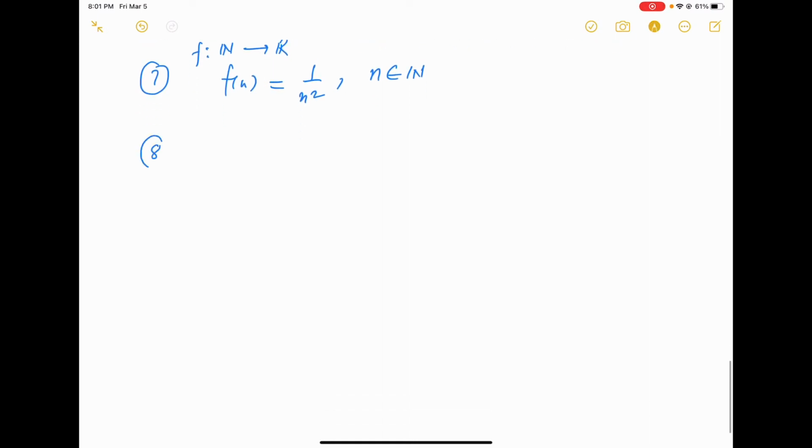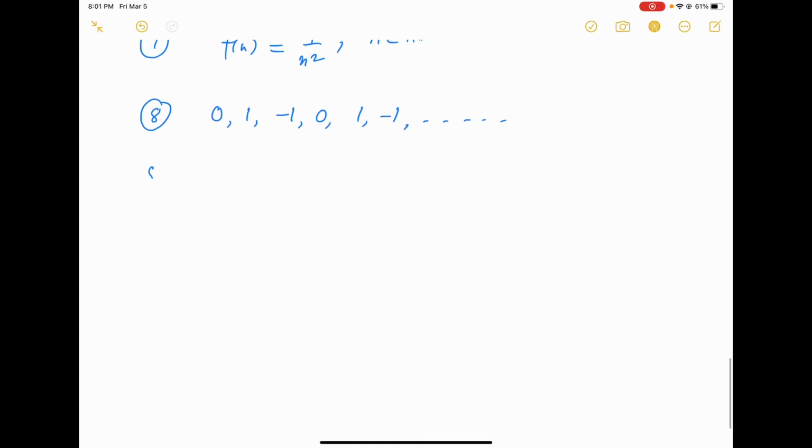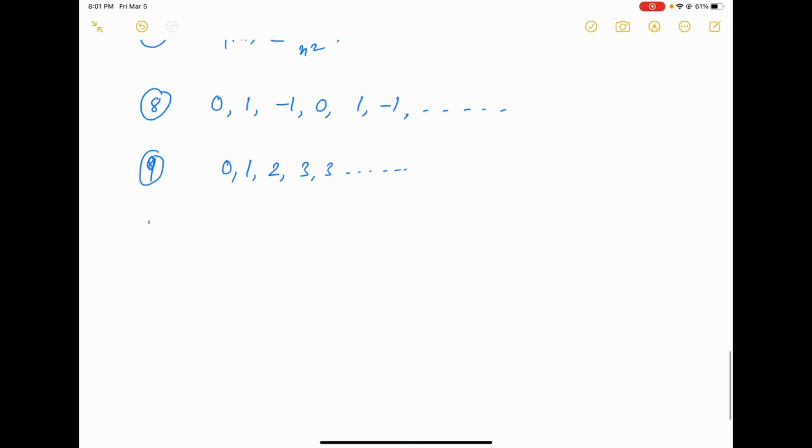Or simply, if we write 1, minus 1, 0, 1, minus 1, then this is again a sequence. Then if we write 0 1 2 3 3, this is again a sequence. If we write 3 3 2 2 1 1 0 0, this is again a sequence.